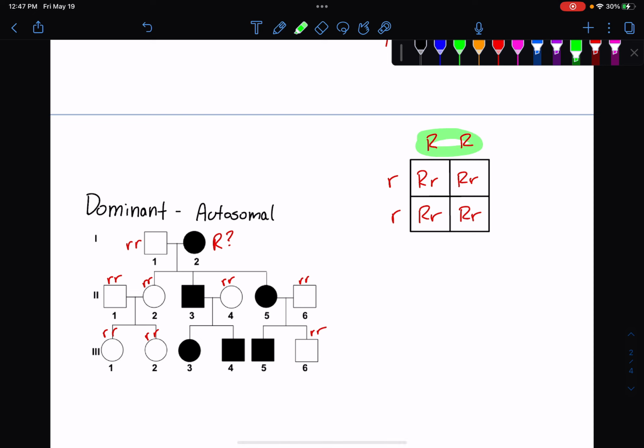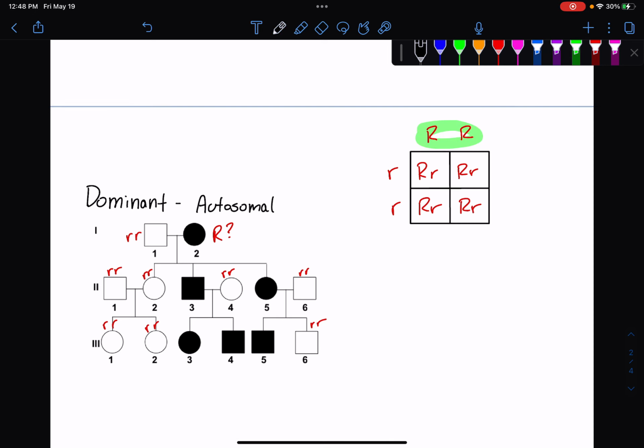The mother can't be this, because look, there's a 0% chance of the mother producing a little r. So this is not a possibility in this pedigree for this person here. So automatically we can change this to heterozygous, big R, little r. Okay.